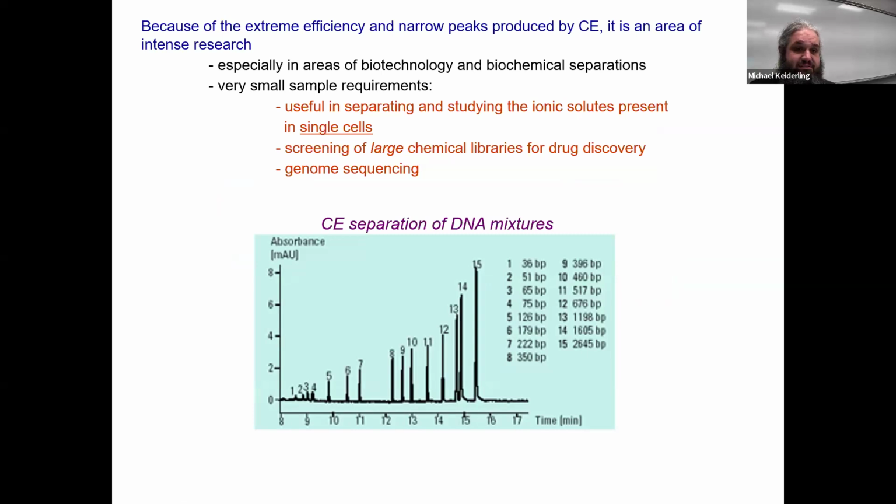It also has the nice advantage of very small sample requirements, so it can be useful in separating and studying the ionic solutes present in single cells. And it can also be useful when screening large chemical libraries for drug discovery, or genome sequencing is the other use it can be useful for.